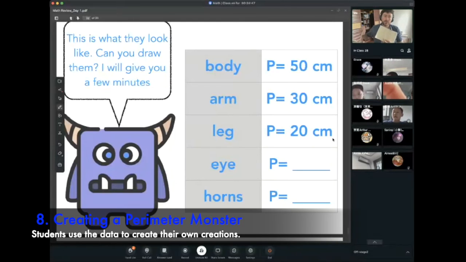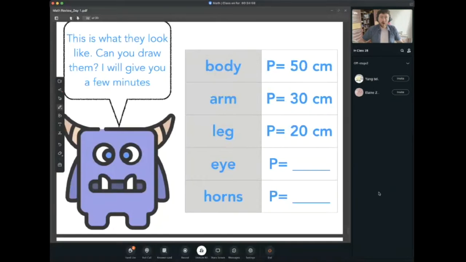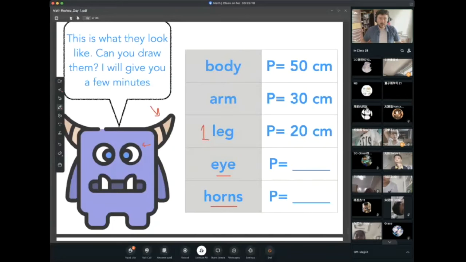Now you must use your ruler to make sure that the measurements are correct. So the body of your monster has to be 50 centimeters. The arm, only one arm, is 30. So the other arm can be 30 as well. One leg is 20. Now the eyes and the horns, these parts, you guys can decide how big or how small you want your monster to be.